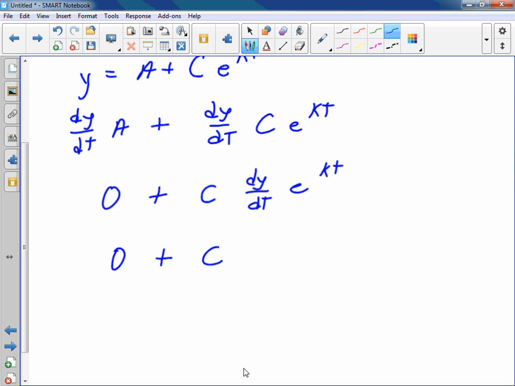Now what about e to the kt? That's money. So e to the kt times, think about it. Well, you do chain rule, but you're not applying it totally.